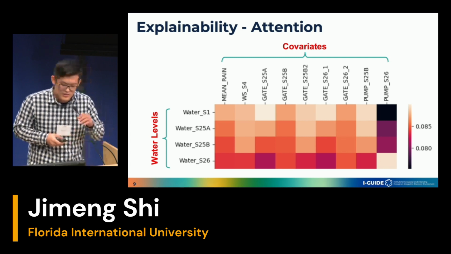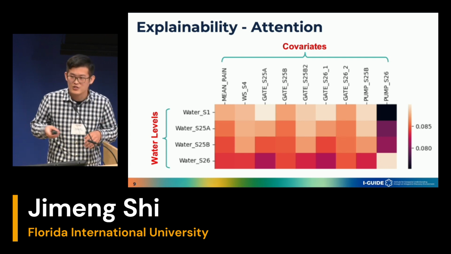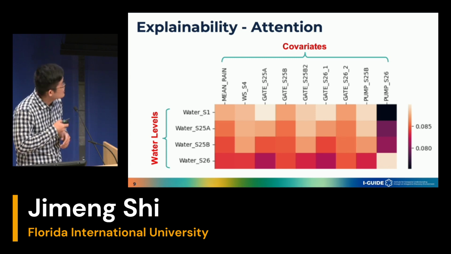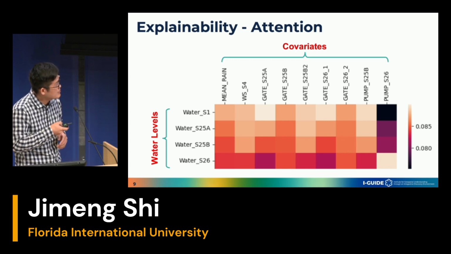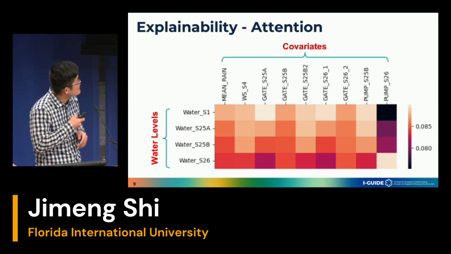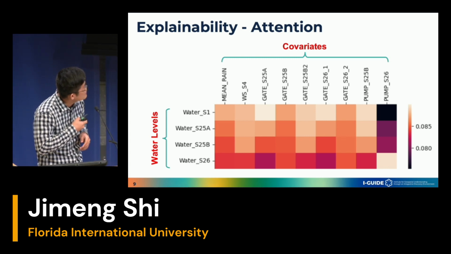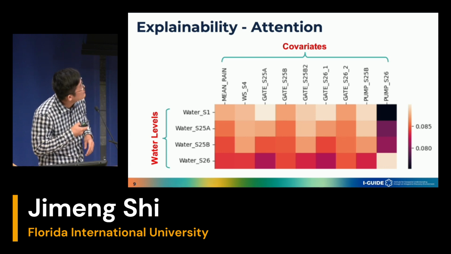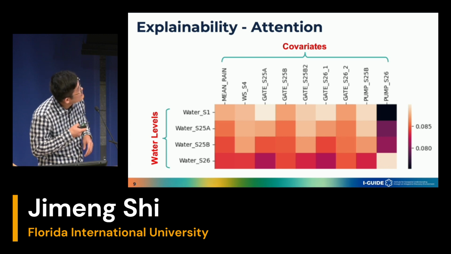The second interesting thing is if you check out each row. For example, if you check out the last row, you can see the water level at 26 pays a lot of attention to the pump at 26. If you check the water level at 25B, it will pay more attention to the gate at 25B and the pump at 25B.